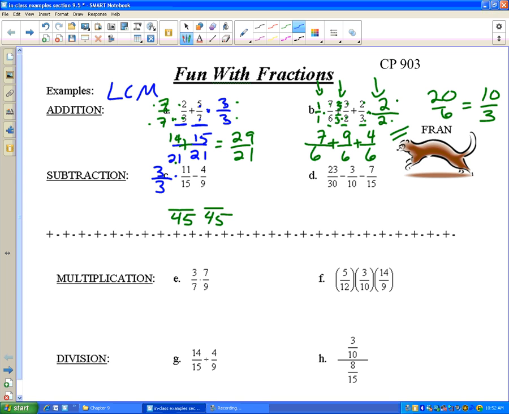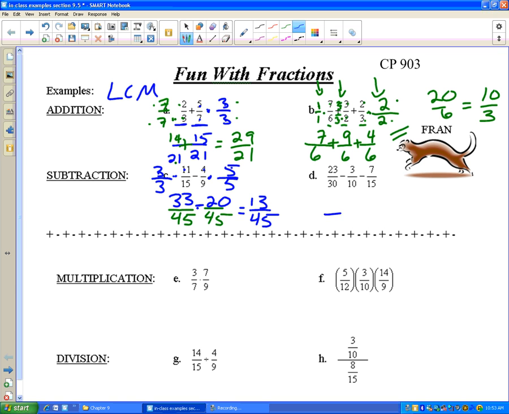So this has to be 3 over 3. 11 times 3 is 33. Subtraction in the middle. 9 times what is 45? That's 9 times 5. So I put 5 over 5 to make it 1. 4 times 5 is 20. 33 45ths minus 20 45ths is going to be 13 45ths. That's my answer.